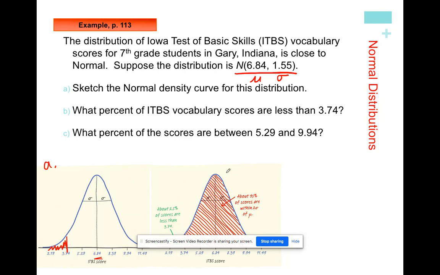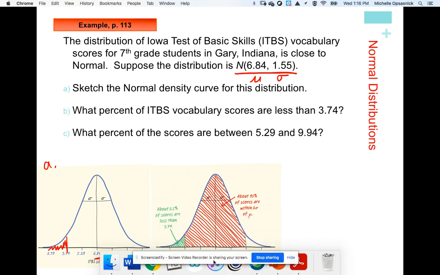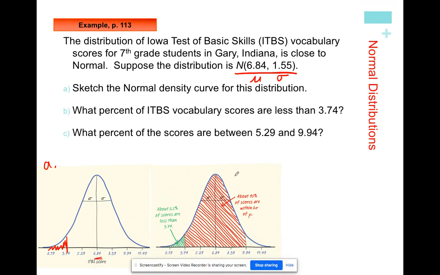So we know that 2 standard deviations corresponds to 95%, as you can see here in the shaded red. So there's 5% of the distribution left over, but we only want the bottom half. So if we take that leftover 5% and divide it by the 2 tails, we have 2.5% less than 3.74. That would be part B if we label.